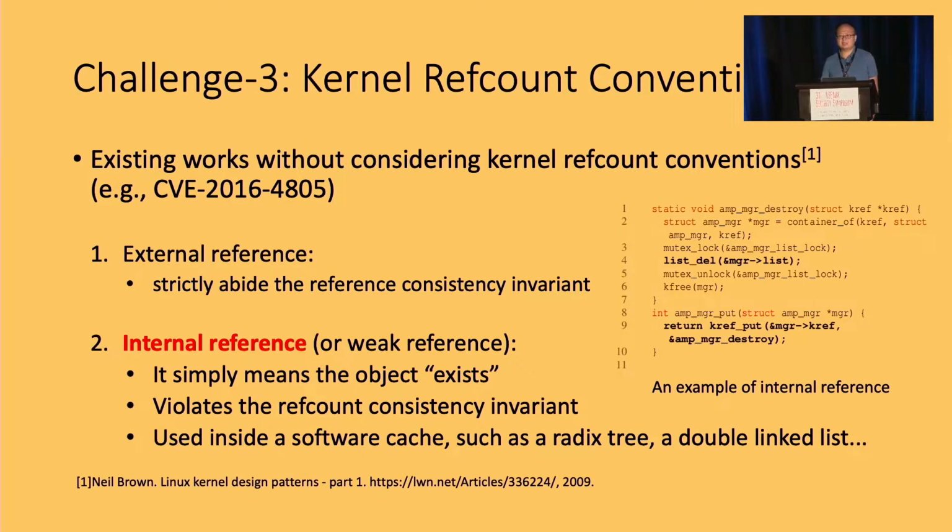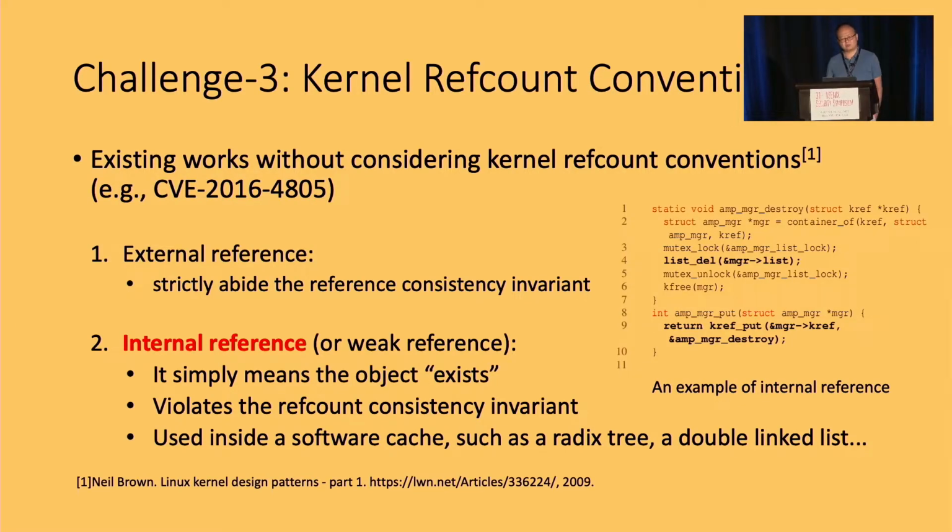The last one is, we can leverage this strong invariance, like the reference count has to equal the number of live references. But when we apply this strong invariance to the kernel, we find we actually have a lot of false positives. When we look into the reasons for these false positives, we find the kernel has some conventions that will break this invariance.